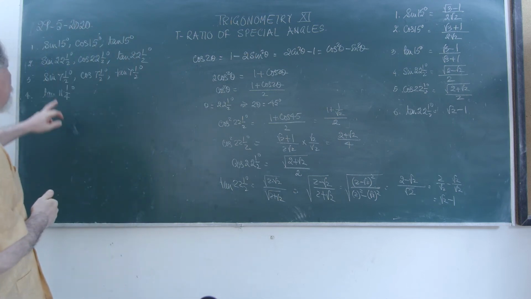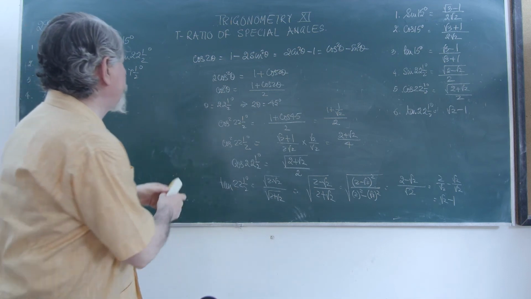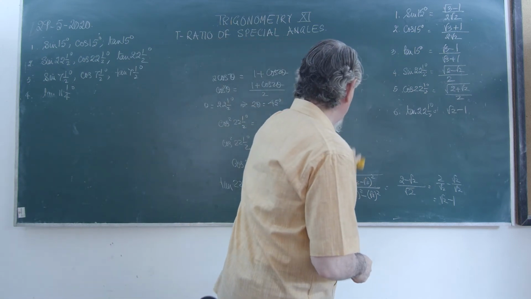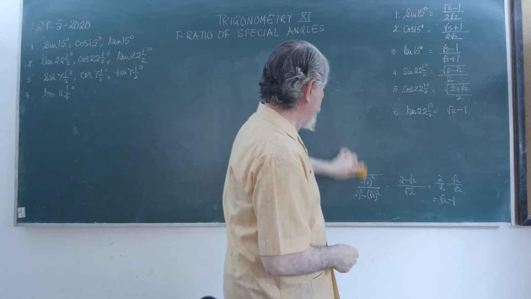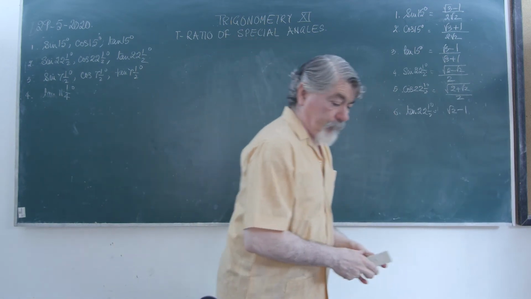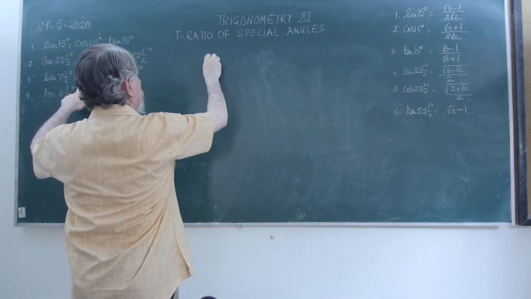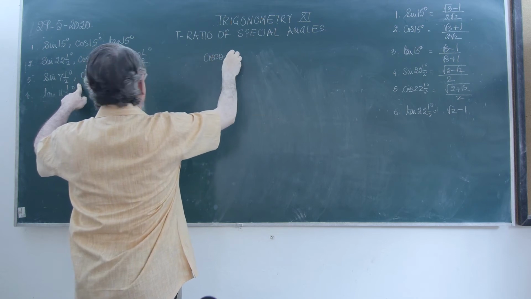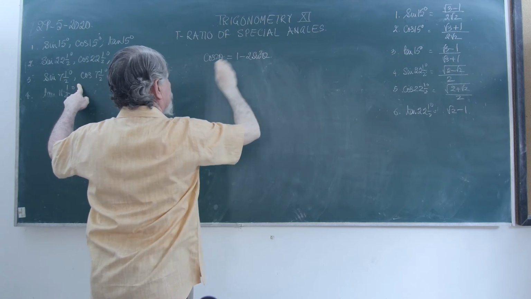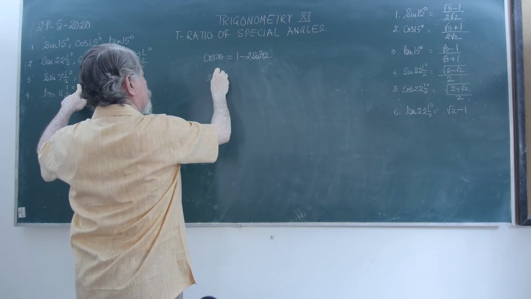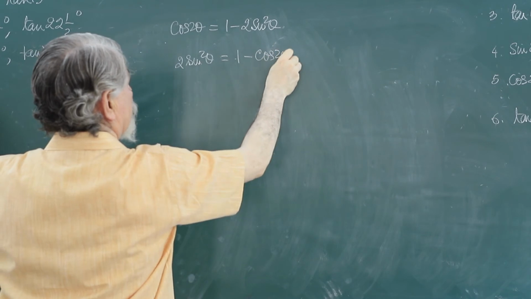Now let us calculate sin 7.5, cos 7.5 and tan 7.5. We are going to use the same formulas. Cos 2 theta is equal to 1 minus 2 sin square theta, or I will say 2 sin square theta is equal to 1 minus cos 2 theta.